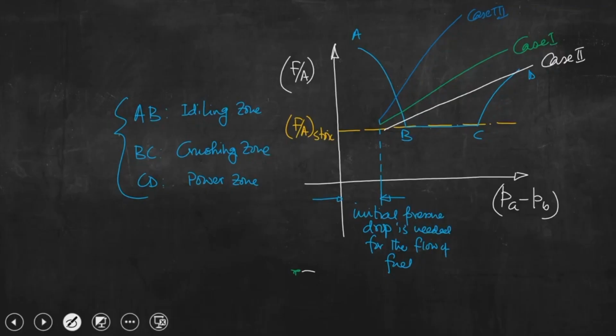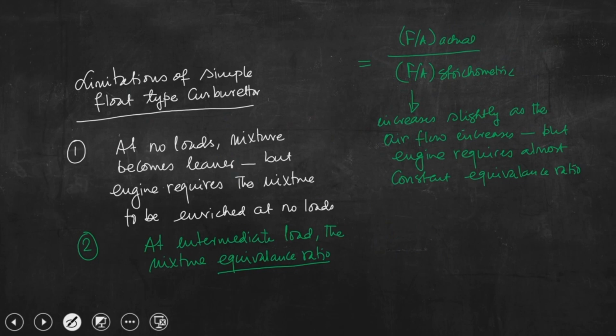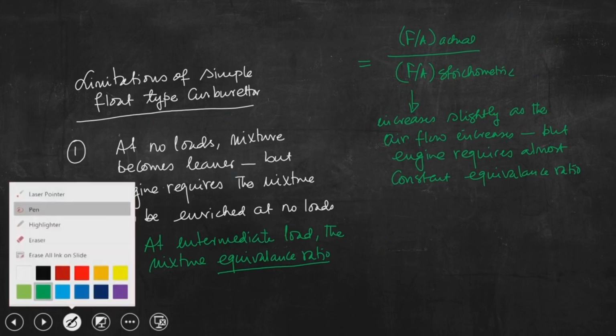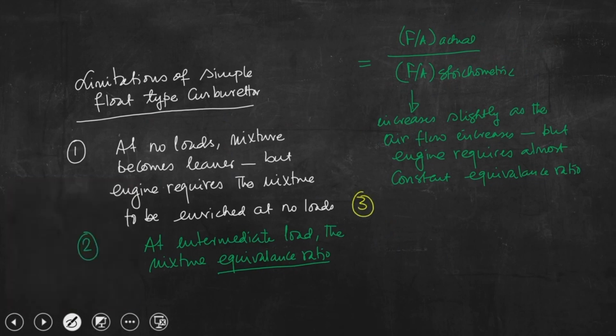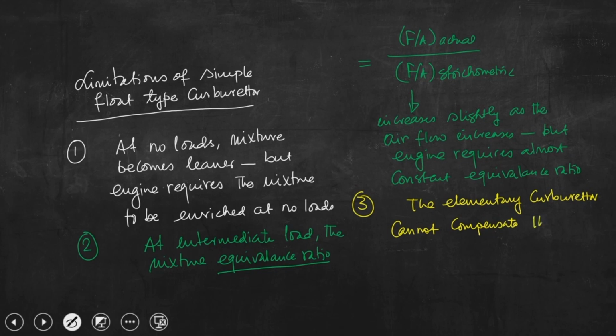So, if we go to the next slide, then number 3 is the elementary carburetor cannot compensate the transient phenomena, okay.